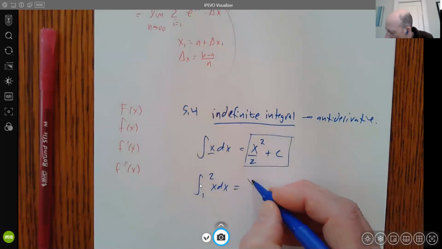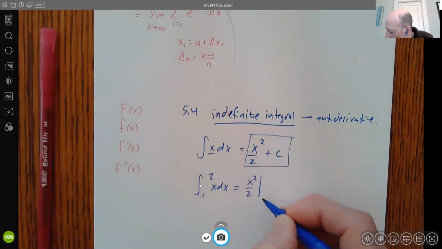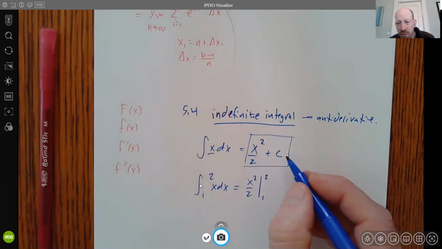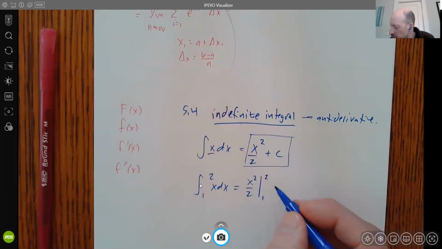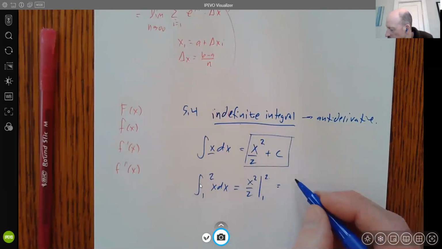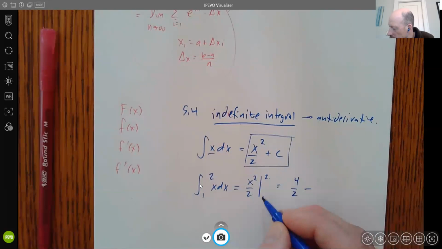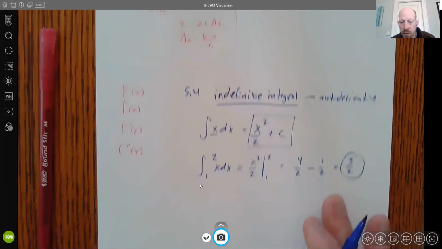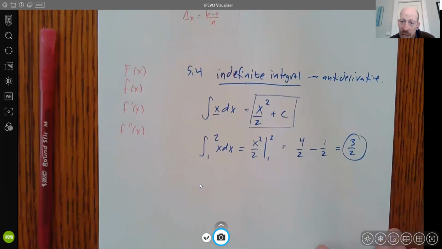So what we would do is write it like this, to say, okay, I know the antiderivative. I'm going to pick c equals 0, which gives me this expression. I'm going to plug in 2 there, and I'm going to plug in 1 there. And I'm going to end up with 3/2. So that's how I would expect everyone to solve that problem. But you have to understand what you're being asked to do.